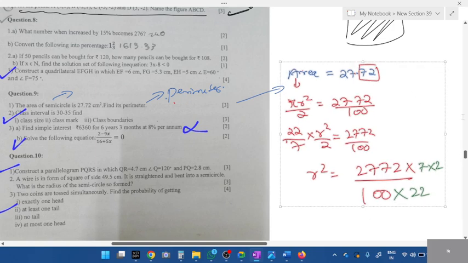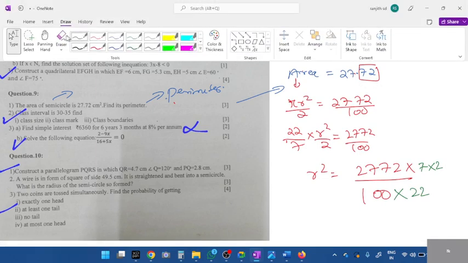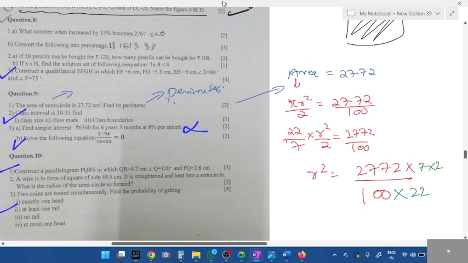Yes, go through the question. Area of a semicircle is given. Write area of a semicircle formula. Once you write formula, substitute pi value, students.